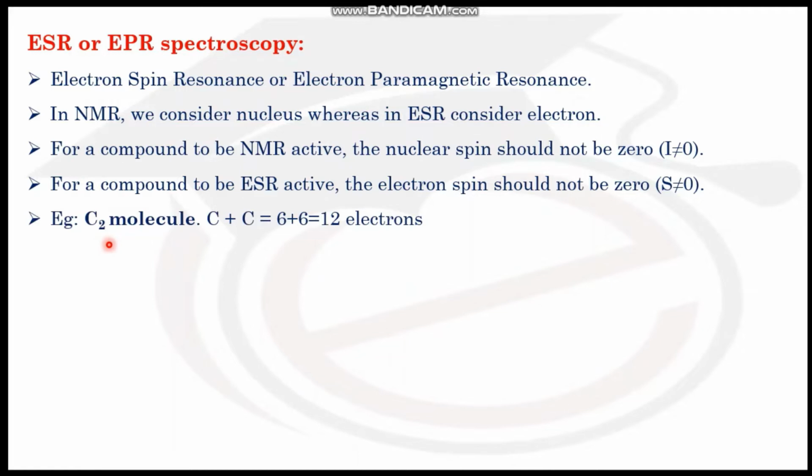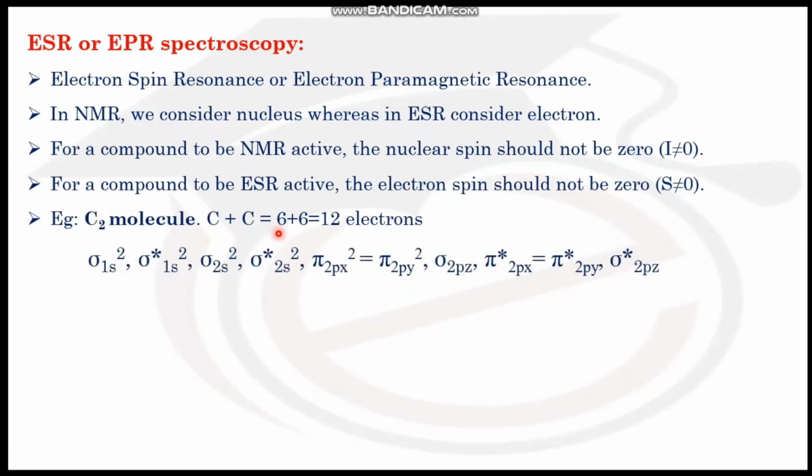First, consider the C2 molecule. Two carbons are combined, and each carbon contains 6 electrons, so overall 12 electrons are there. We can distribute the electrons in orbitals: sigma 1s2, sigma star 1s2, sigma 2s2, sigma star 2s2, then pi 2px equal to pi 2py, because these two are at the same energy level, degenerate.